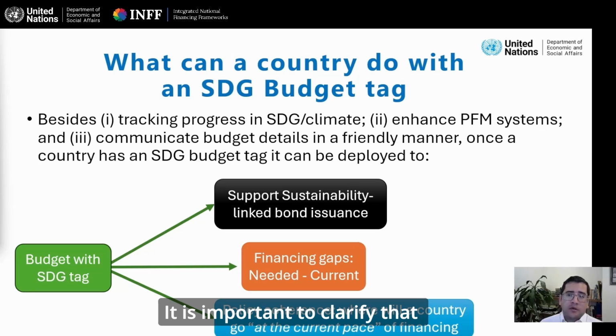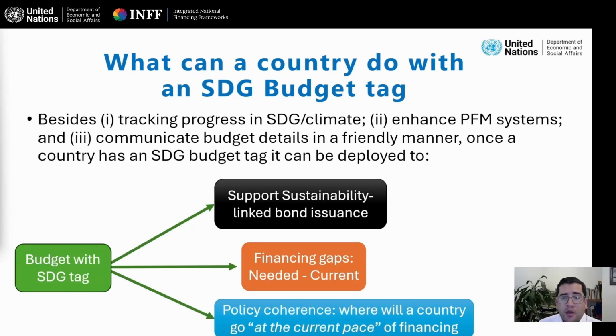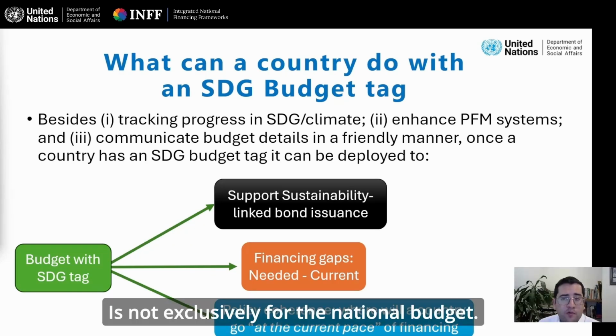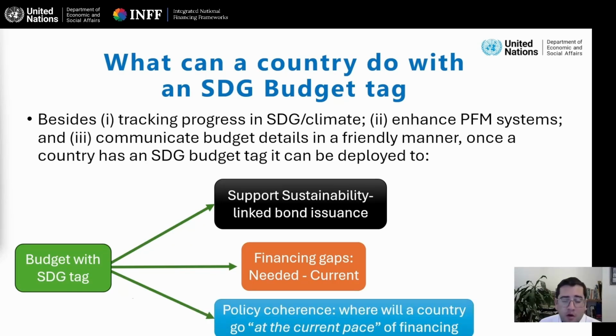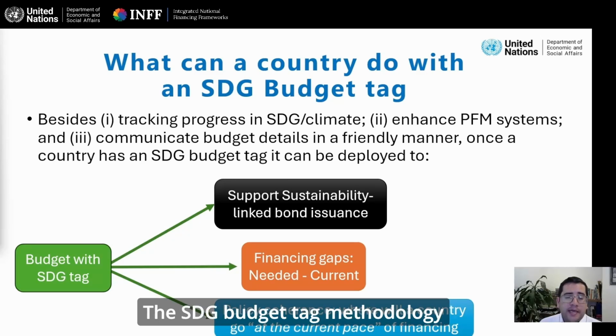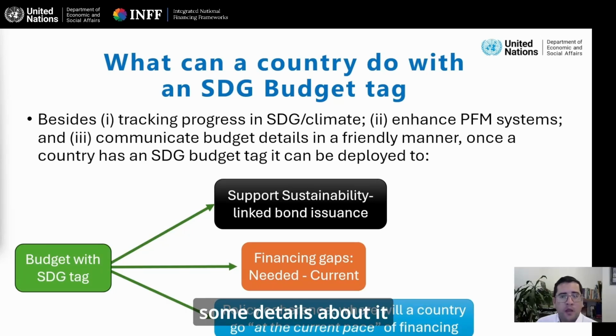It is important to clarify that the SDG budget tag is not exclusively for the national budget. There are countries that have used the SDG budget tag methodology that we're going to be presenting today, and you already know some details about it, to understand the direction, for instance, of other development flows.